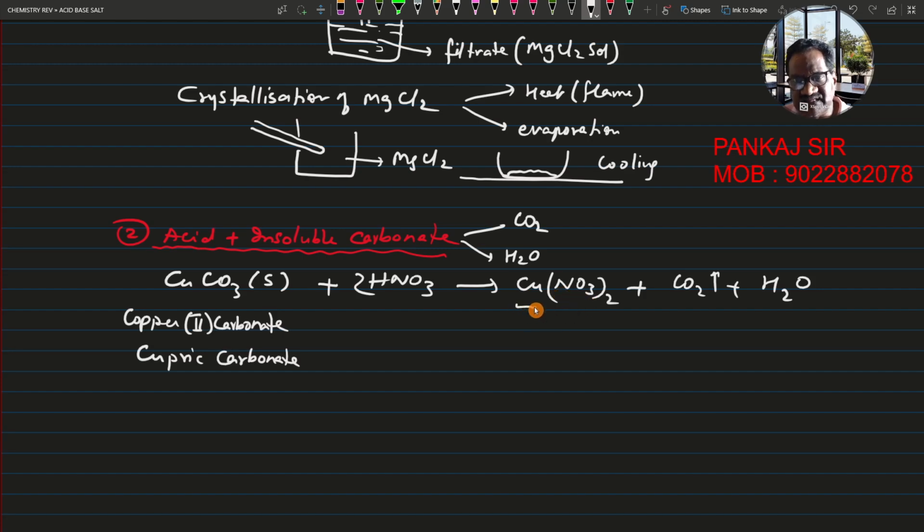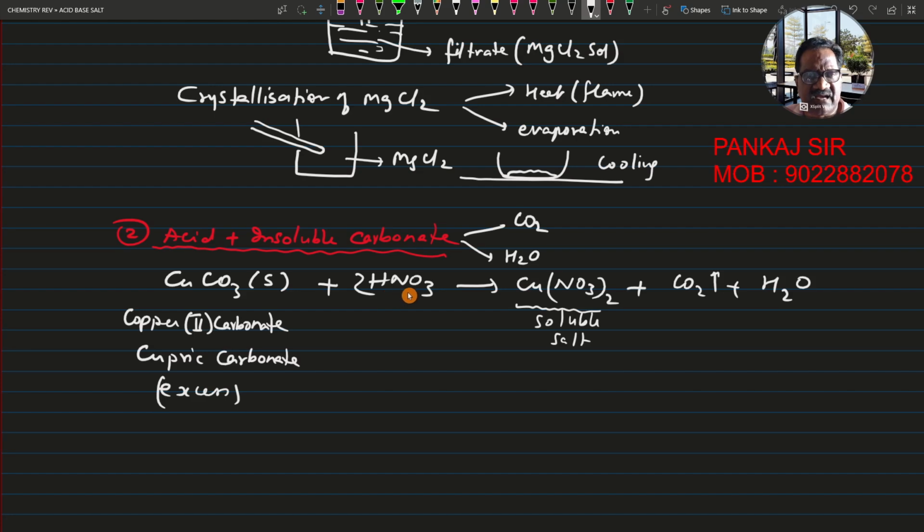Now this is the soluble salt that you are getting. Okay, copper nitrate. Again, there is excess of this copper carbonate. So after the reaction, what will happen?